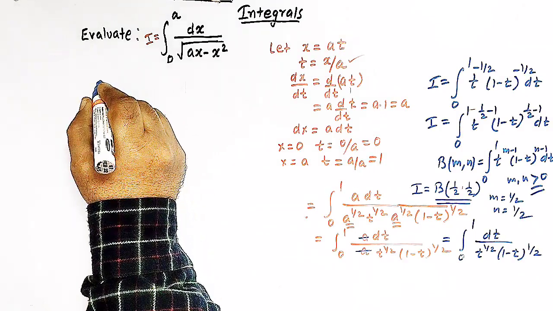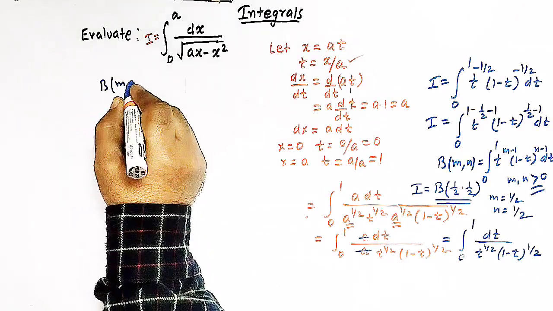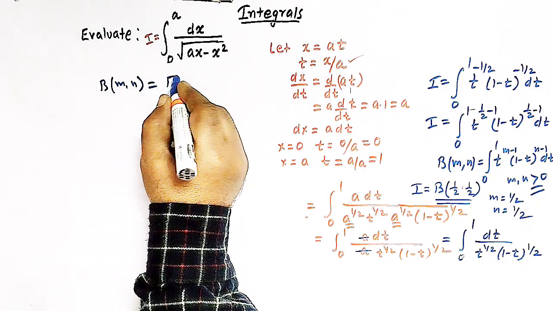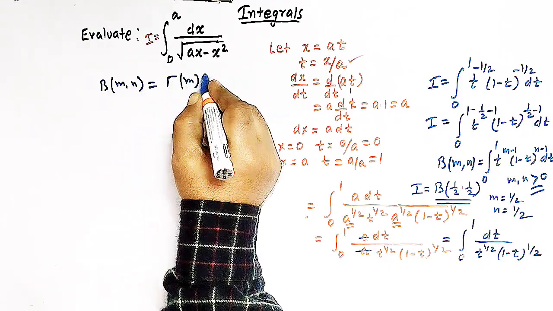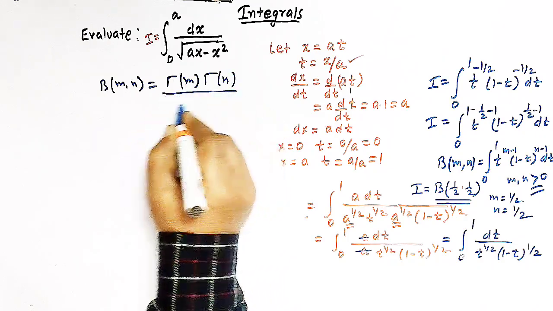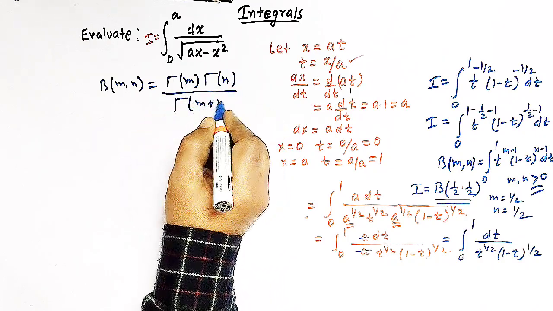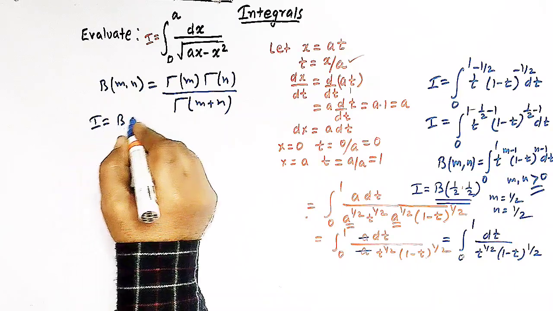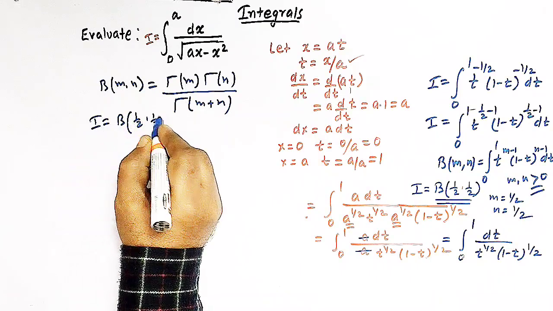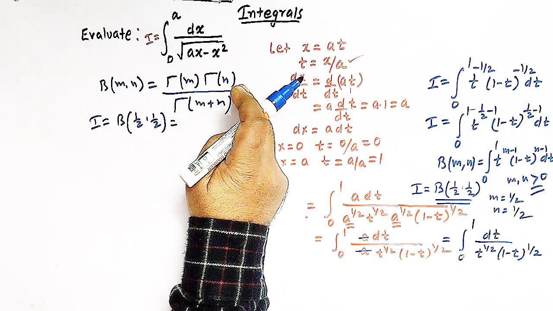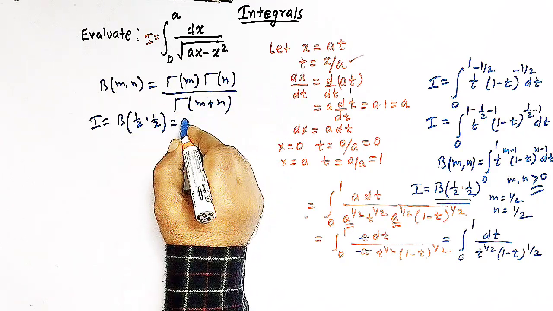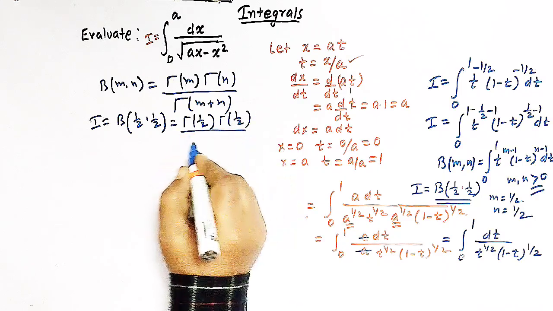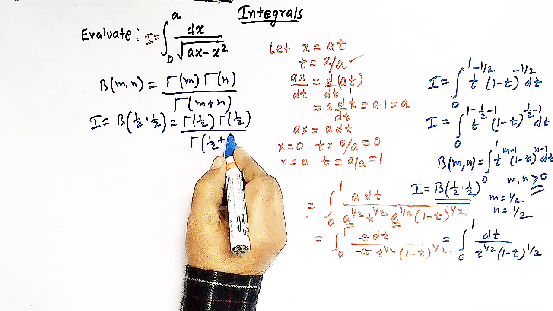So now the beta function and gamma function are related by this expression, that is beta m comma n is equal to gamma m times gamma n divided by gamma m plus n. So here I is equal to beta half comma half. So we have now from this relation gamma half, then we have gamma half, and then we have gamma half plus half.